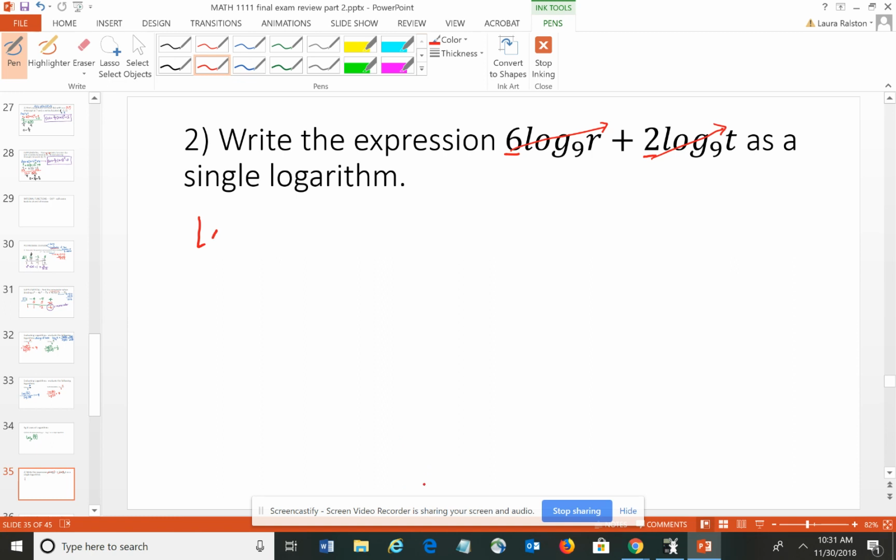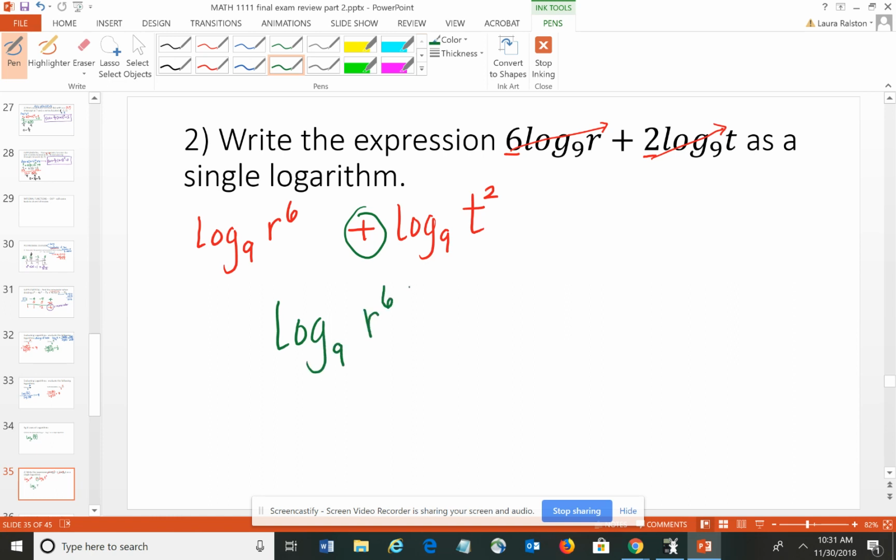So first we would have log base 9 of r to the 6th power plus log base 9 of t to the 2nd power. Then I note that the two logs are being added together. Addition is rewritten as multiplication. So we have log base 9 of r to the 6th times t to the 2nd. And that's it.